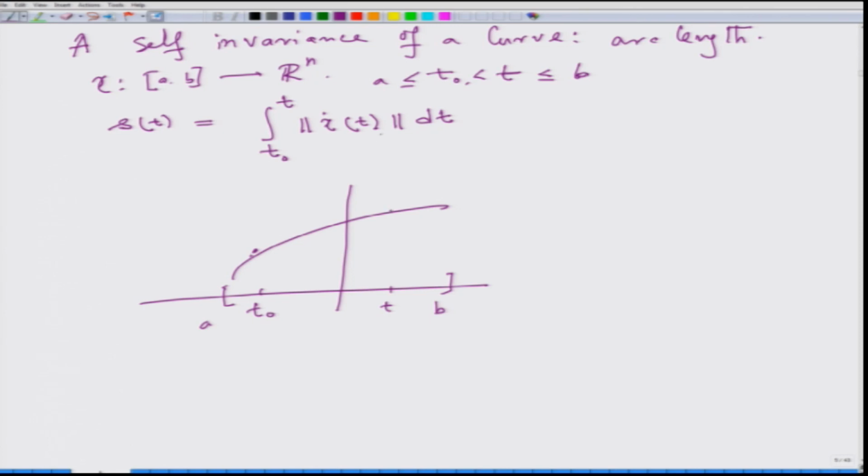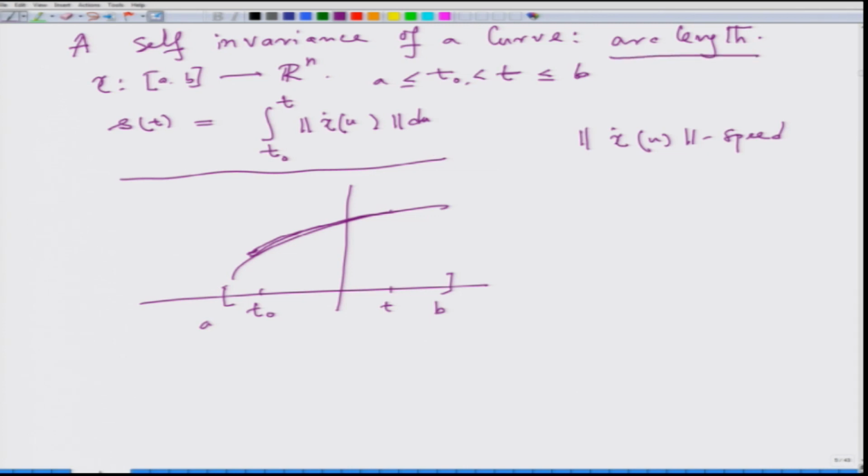I am looking at the norm of, okay, I am using both t, so maybe I should use gamma dot (u) du. So, this is the speed, and I am integrating the speed from t naught to t, that gives me the length. From time t naught to t, if I travel with the speed of norm gamma dot (u), how much do I travel? This is given by S(t), and this is called the arc length.